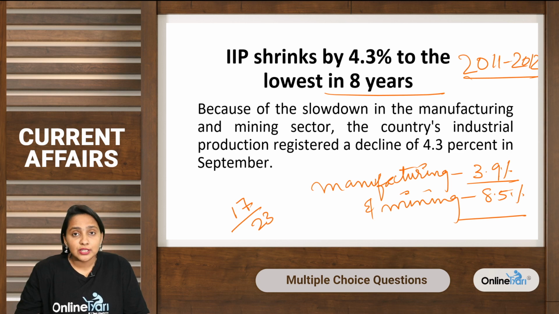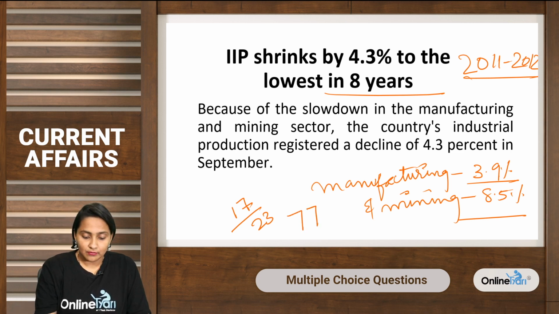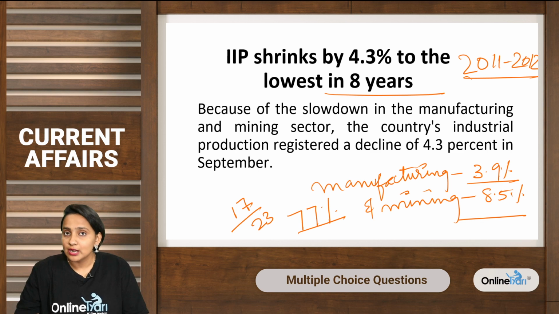The manufacturing sector accounts for 77% of IIP. So for the index of industrial production, almost 77% is accounted for by the manufacturing sector. Manufacturing of motor vehicles, trailers and semi-trailers has declined by 24.8%, and the manufacturing of furniture has come down by 23.6%.